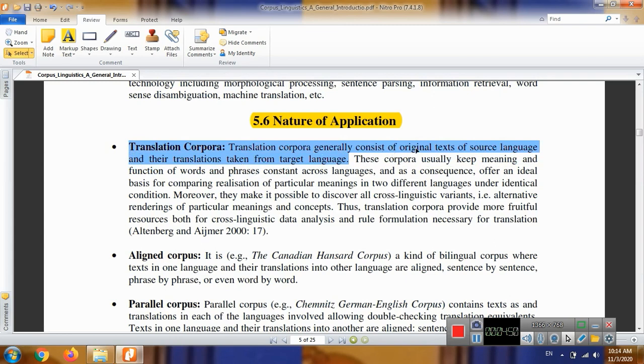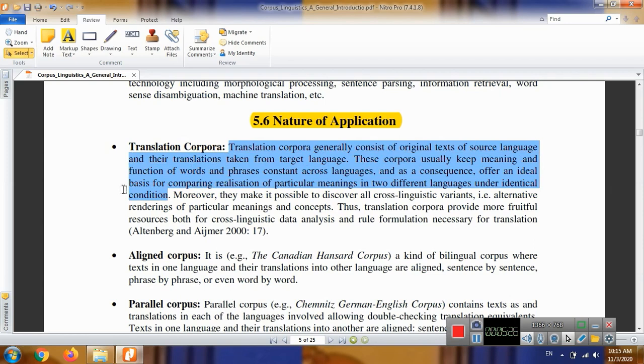These corpora usually keep the meaning and function of words and phrases constant across languages, and as a consequence offer an ideal basis for comparing realization of particular meaning in two different languages under identical conditions.